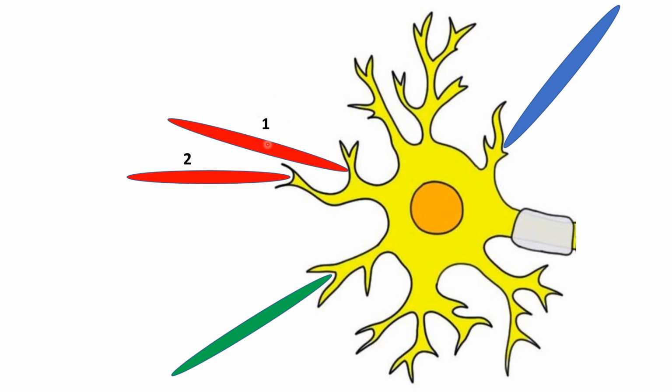Let's assume that this excitatory postsynaptic potential from neuron 1 is equal in magnitude to 2. Which one do you think will have a greater effect on this type of neuron? Now let's assume the effect is either by the green neuron or the blue one.